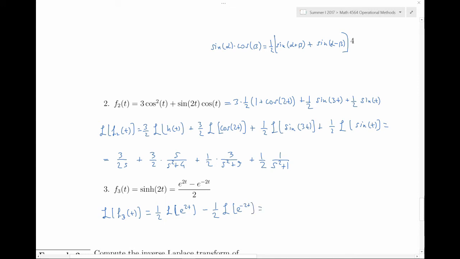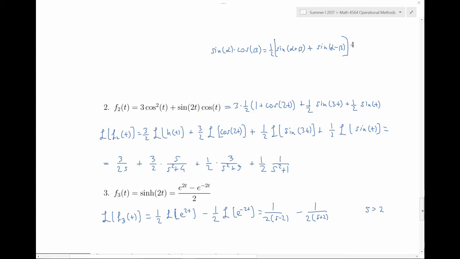So that's going to be 1/2 of 1 over s minus 2, minus 1/2 of 1 over s plus 2. And you can imagine that this Laplace transform will only exist for s greater than 2. It's quite easy to compute Laplace transforms of simple functions.